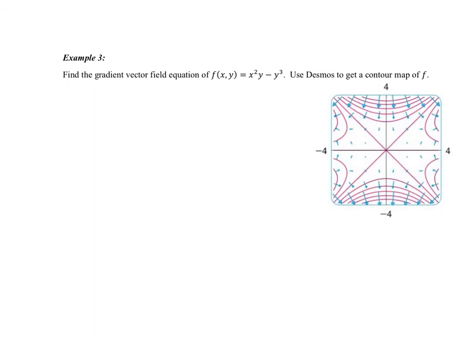The important thing to remember here is that the gradient vector will point towards the steepest increasing slope. You can see that the size of these vectors, especially up along the edge here, are much larger than the ones that are getting closer and closer to the origin. And all of that tells us something about the graph.